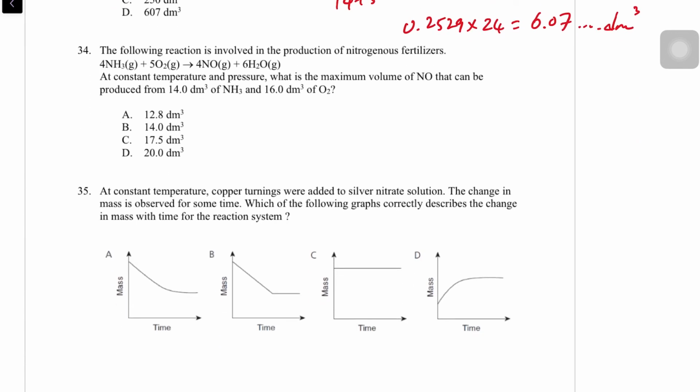Question 34. At constant pressure, what is the maximum volume of NO that can be produced from this amount of NH3, 14, and this amount of O2, 16? Let's see which one will be the limiting reagent.